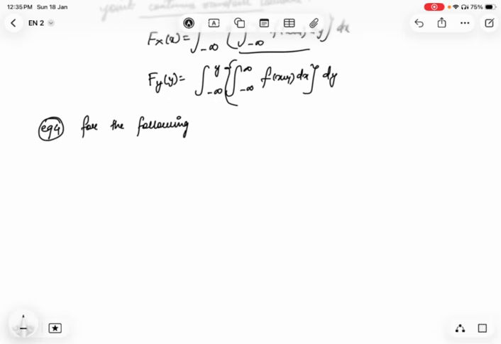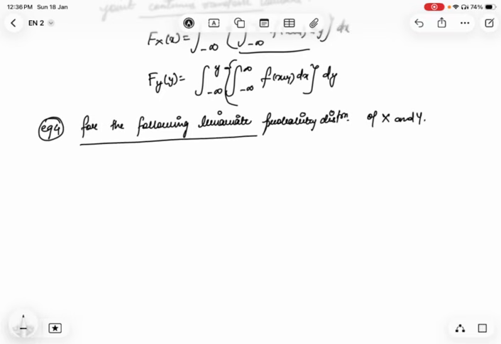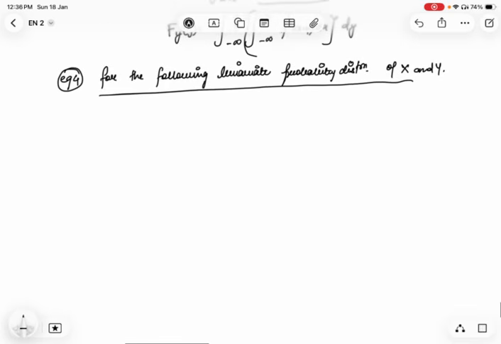For the following bivariate probability distribution of x and y.